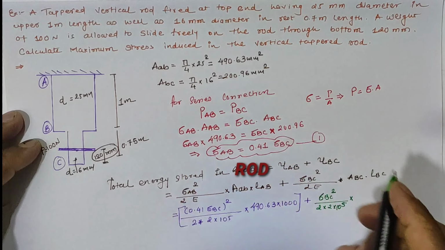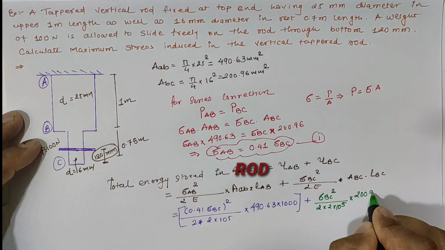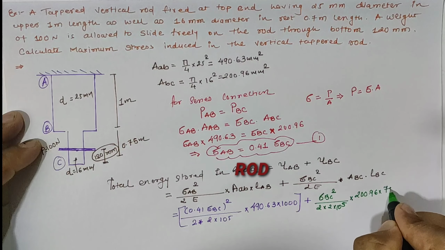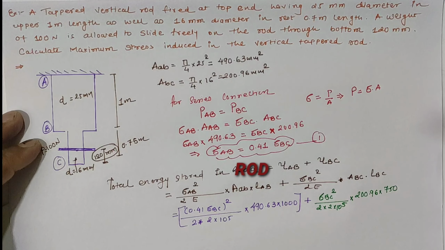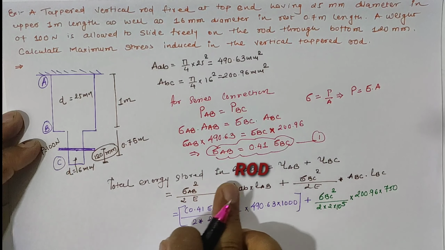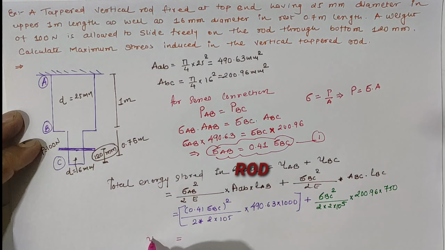Now the area of BC is 200.96 and the length of BC is 0.75 meter. It means 750 mm.